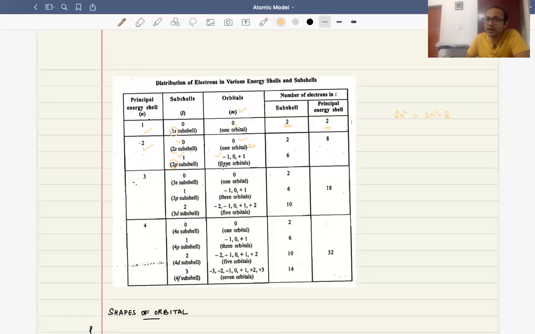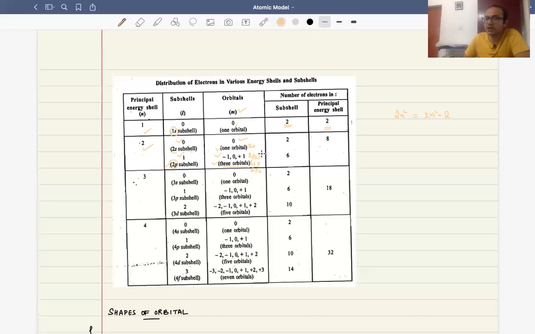So three orbitals are possible for 2p, given by 2px, 2py, 2pz. In total, the second energy shell has four possible orbitals: one from the 2s and three from the 2p.